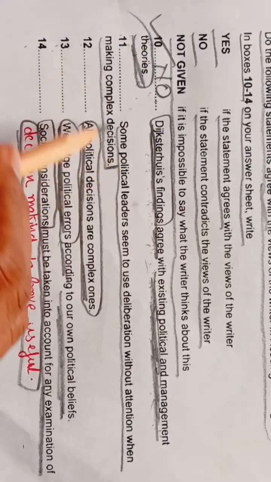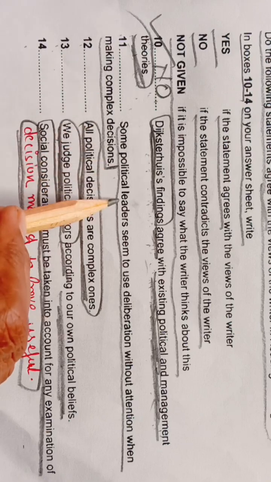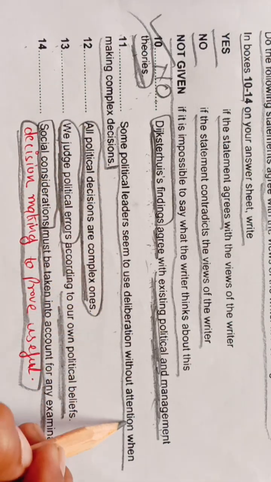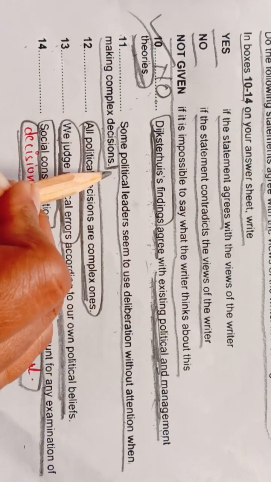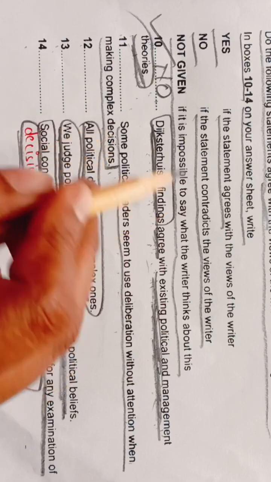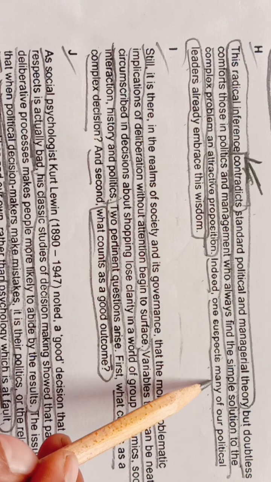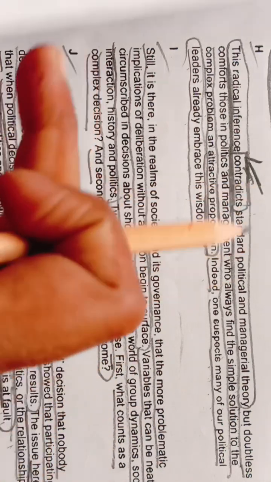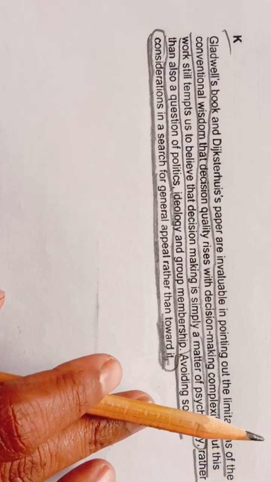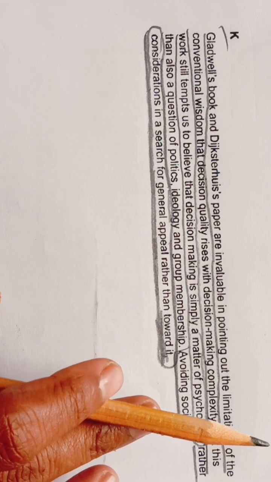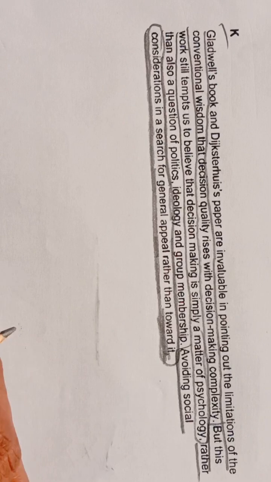Okay, let's move forward. Some political leaders seem to use deliberation without intention when making complex decisions. This type of thing we have not seen in any of the paragraphs.